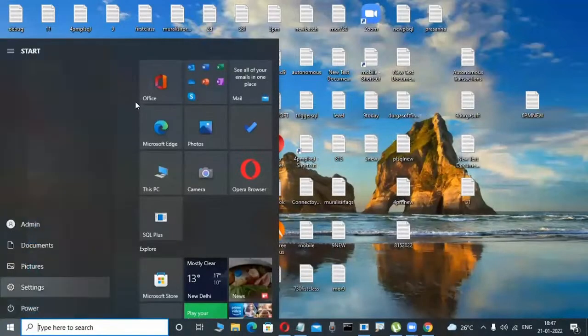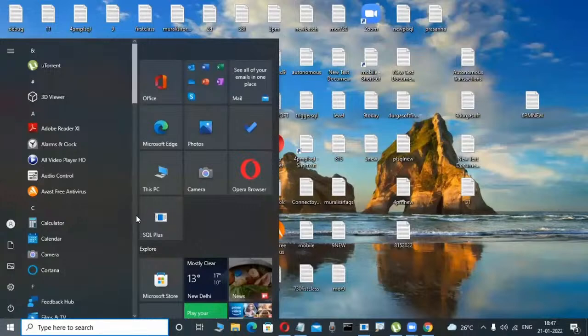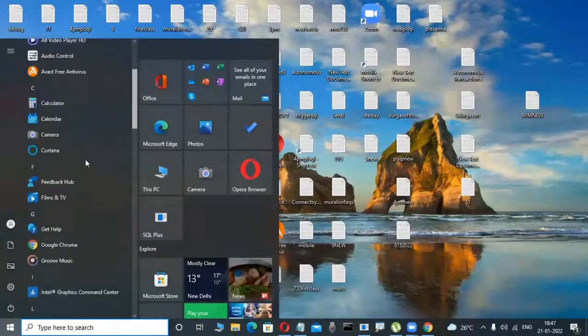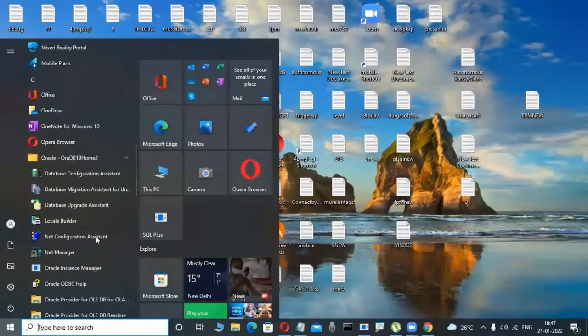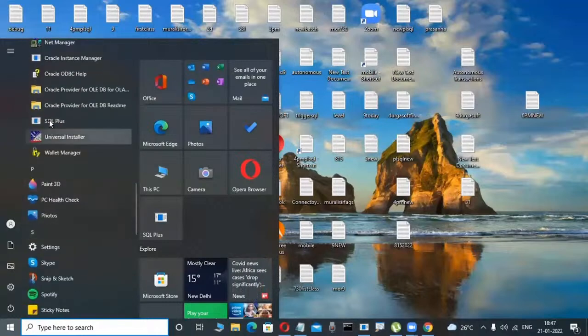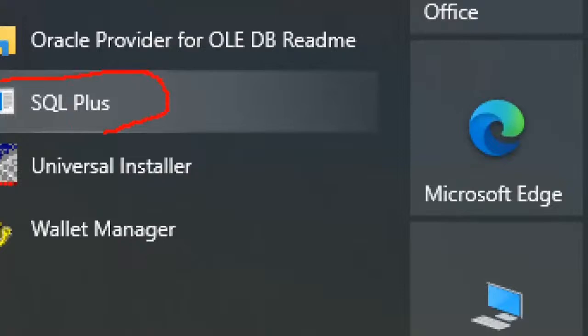How to install it and what these tools are, we are learning in our course. Don't worry. Daily through this tool we interact with the server, that is, the Oracle database. Those are all the things we learn in our course: what is this tool, what is that server, how it will be connected.